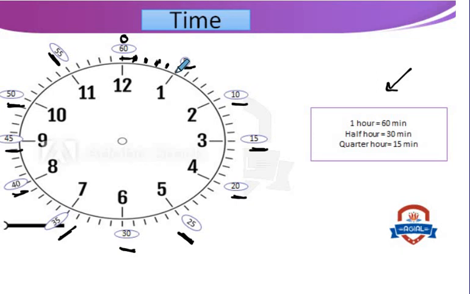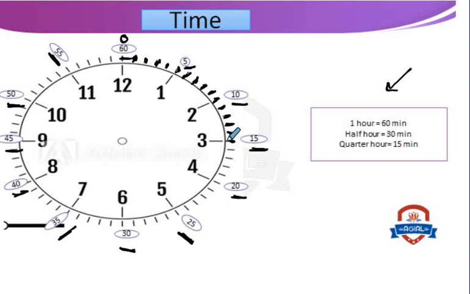Count with me after 5, 6, and this small line meaning 7, 8, 9, and 2 meaning 10 minutes. And between 2 and 3, we have 5 minutes. Count with me after 10, 11, 12, 13, 14, and 3 equal 15 minutes.